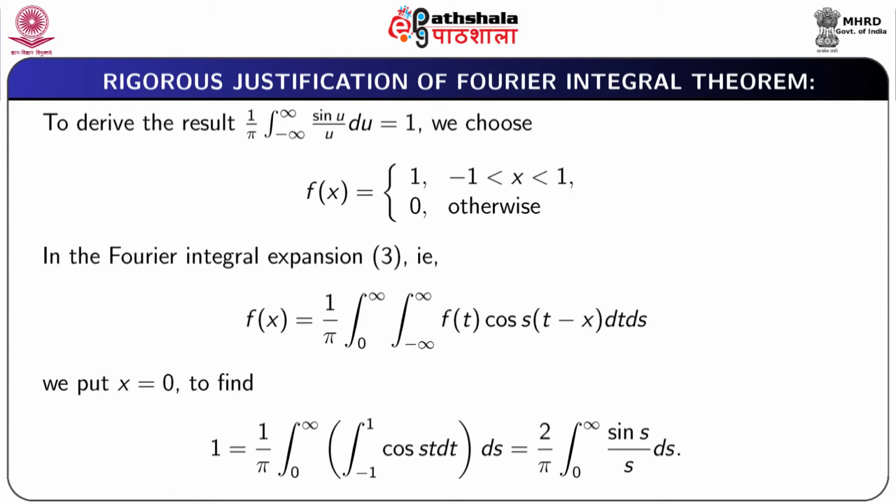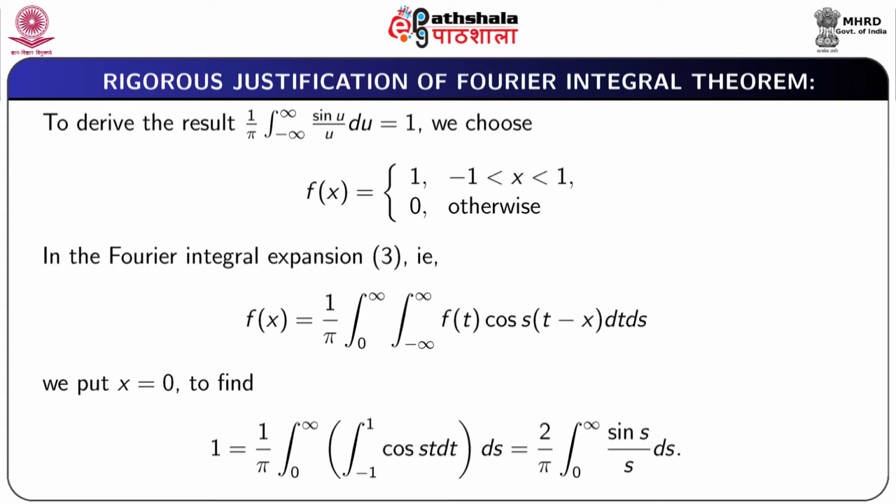So, in the Fourier integral expansion as given by equation 3, which is f(x) equal to 1 by π integral from 0 to infinity integral from -infinity to +infinity of f(t) cos s(t - x) dt ds, we put x equal to 0, so that f(x) is equal to 1.